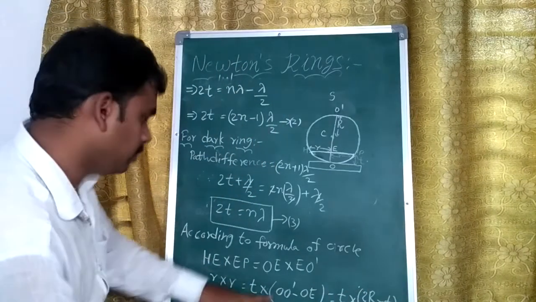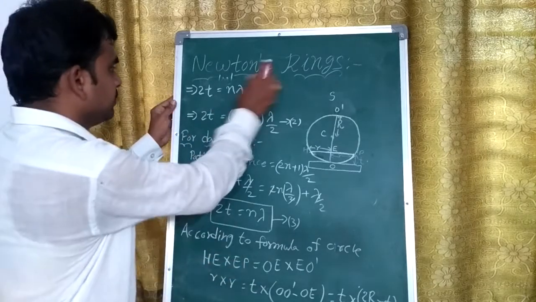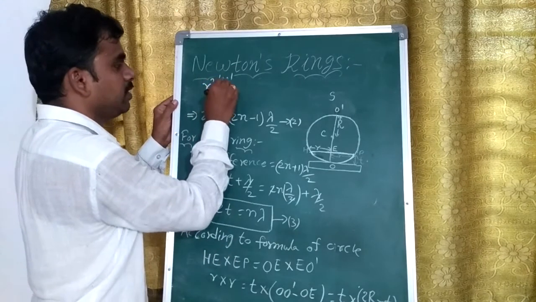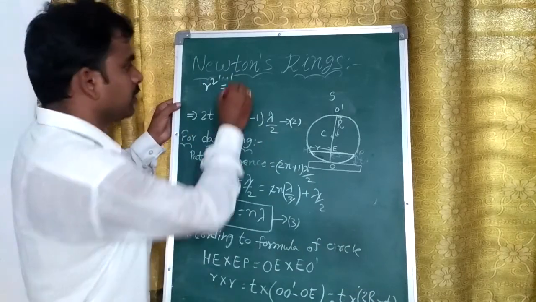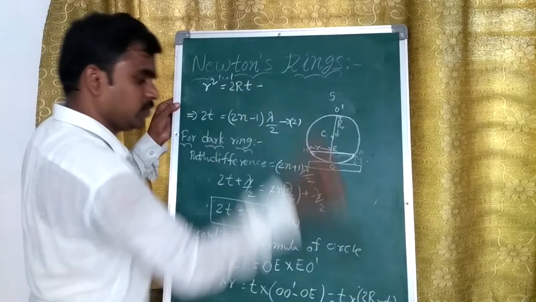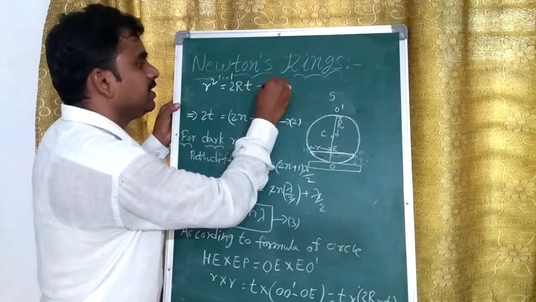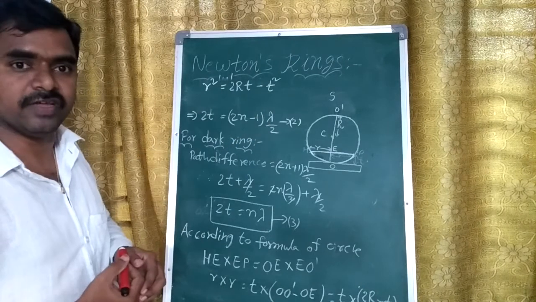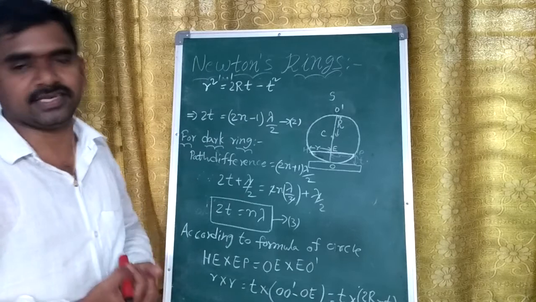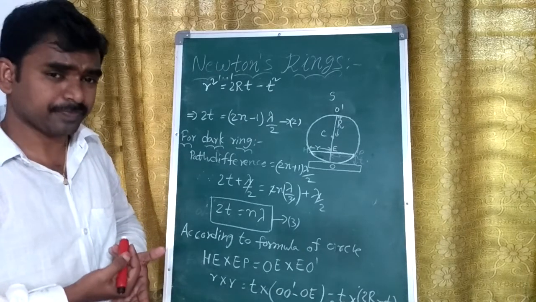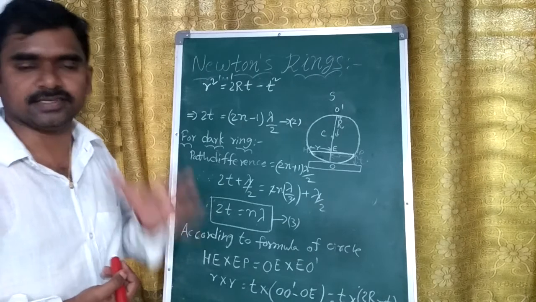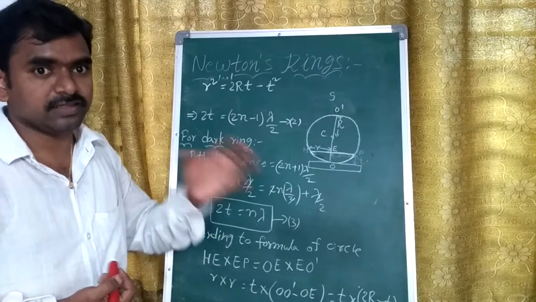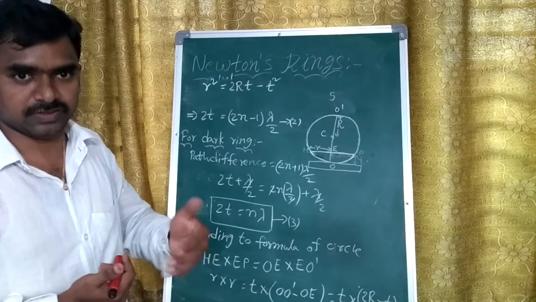Now if we do that, R into R, that is R square, equals T into (2R minus T), that is 2RT minus T square. Here T square is negligible. Why? Because T is the thickness of the air film, which is a decimal value, and if we square decimal values they become very small.